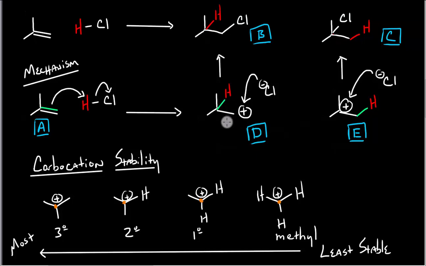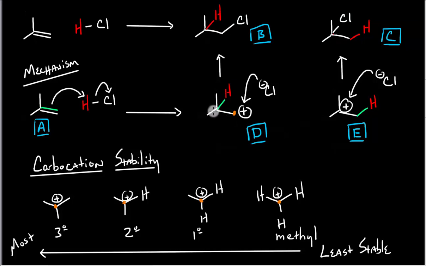A common mistake for this intermediate D is that sometimes students will say this carbon, let's give it a color, this orange carbon, would be a tertiary. They might say tertiary because the student is counting this carbon, and this carbon, and this carbon over here as well.